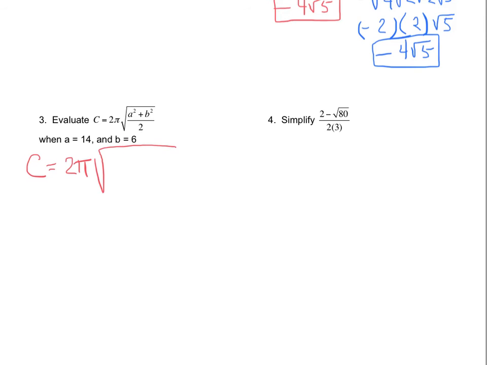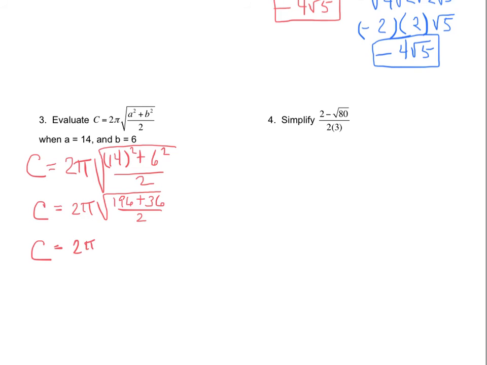We have a squared plus b squared. A is 14 squared. B is 6 squared, and it's divided by 2. So C, again, we'll keep the 2 pi. We've got a little bit of work to do on the inside. 14 squared is 196 plus 36 divided by 2.